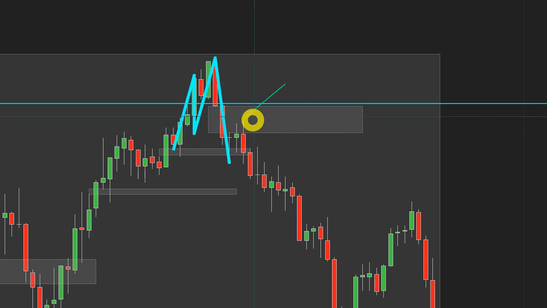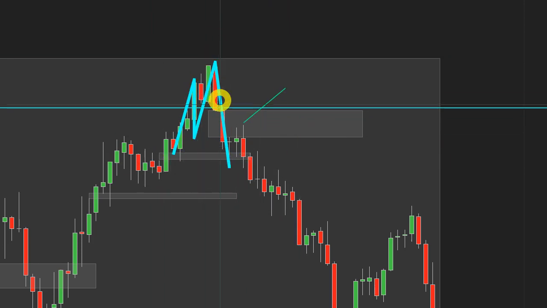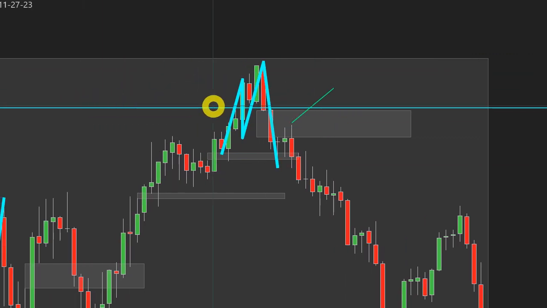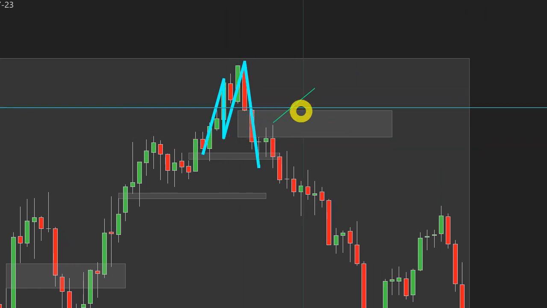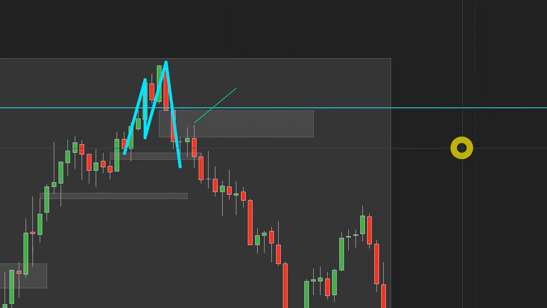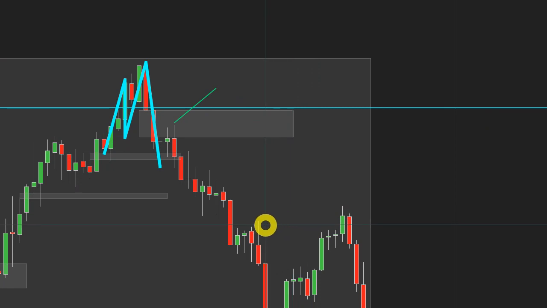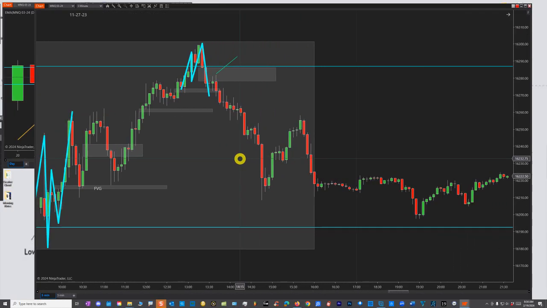Okay, where does this whole thing take place? The breaker and the fair value gap at the high of yesterday, putting in a short reversal pattern, smart money reversal pattern, fair value gap entry, and we're off to the races. Now, there's another one down here, which is interesting. After this huge move down, what does price do?